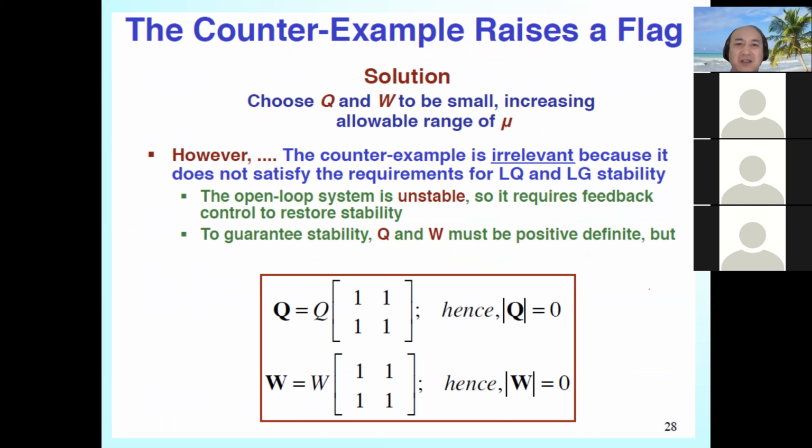So this example raised a very big flag. In other words, we can answer another question: can we make this mu, whose nominal value is 1, remember, it's a 0, 1 in the B matrix times U. How can we enlarge the range of the mu?